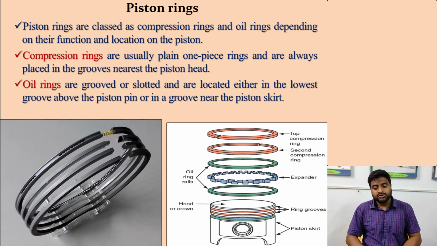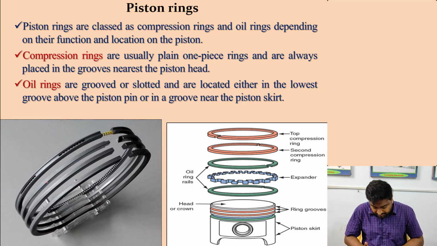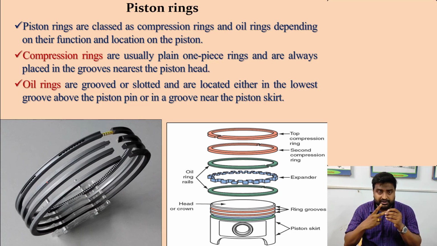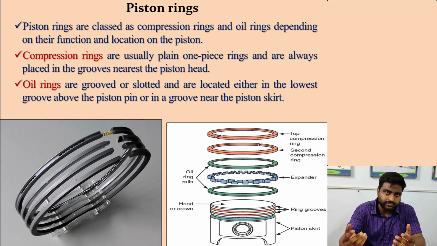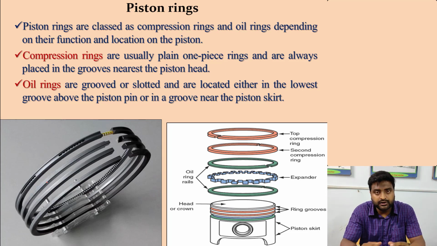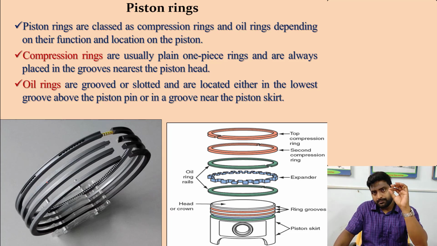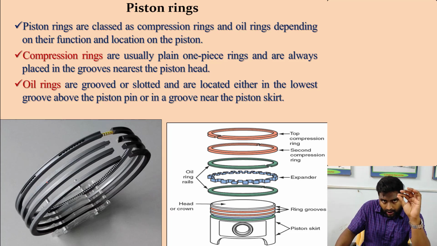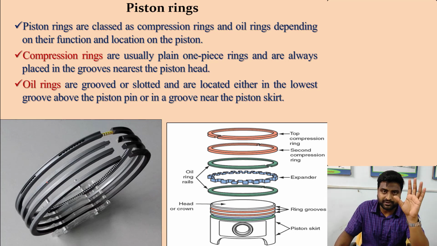The next comes the rings. I have told you piston rings are of two types: one is the compression ring, one is the oil ring. Generally, one or two compression rings are there, but one oil ring will be there. Depending on the manufacturer, that will vary. The first one is the compression ring, the top one. After the crown, the slot in which the ring is inserted is the compression ring.